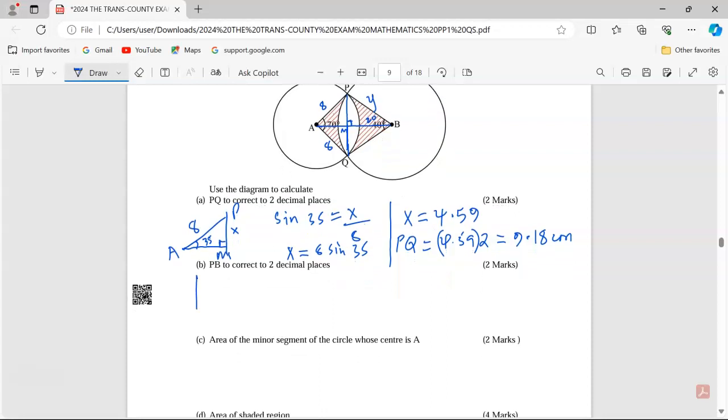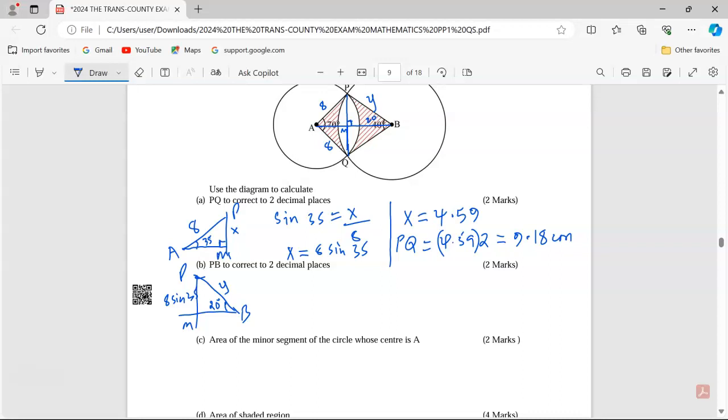So working with P, M, and B, we want this length Y, and this angle will be 20 degrees. Remember PM is known, PM is length X, which is 8 sine 35. So the length here is 8 sine 35.